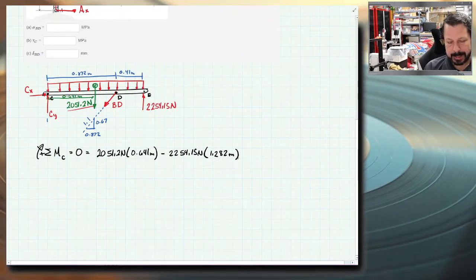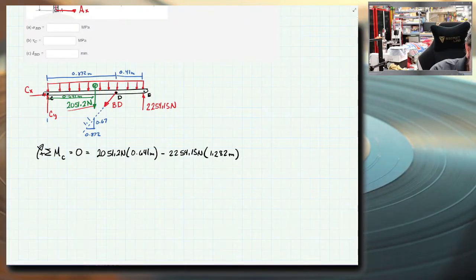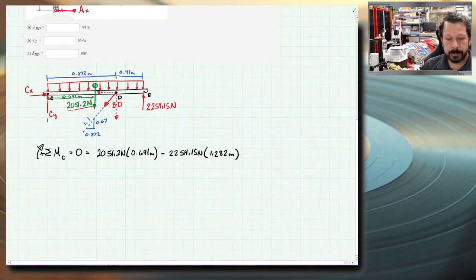BD is at an angle, so we're not using vector math type work here, so we can't just do a cross product. What we're going to do is break this into a y component and an x component. The x component, its line of action goes through C, so I don't need to worry about that one.